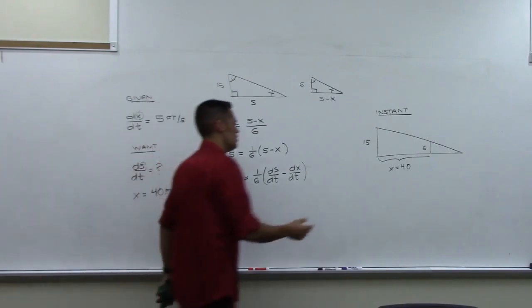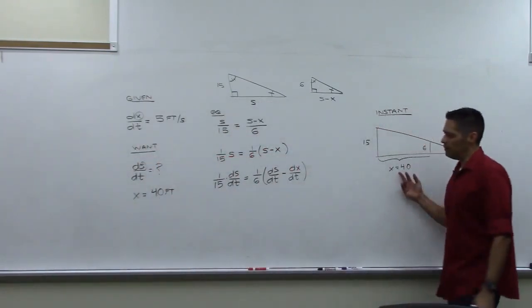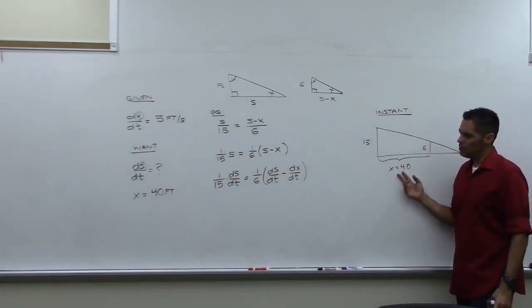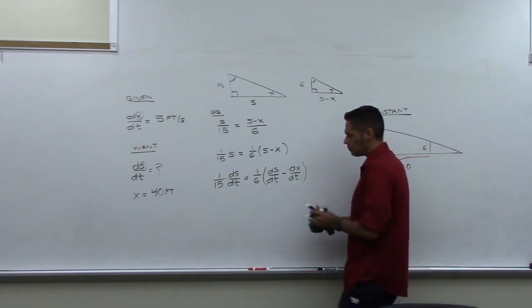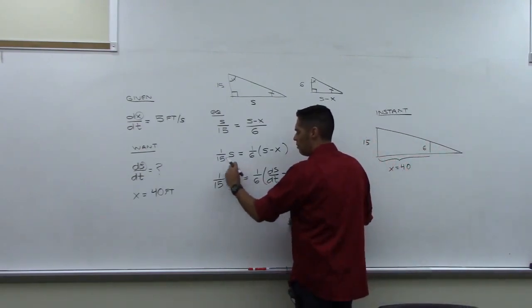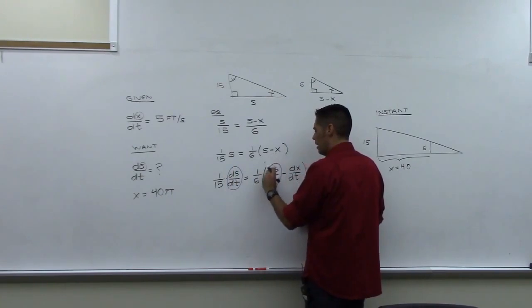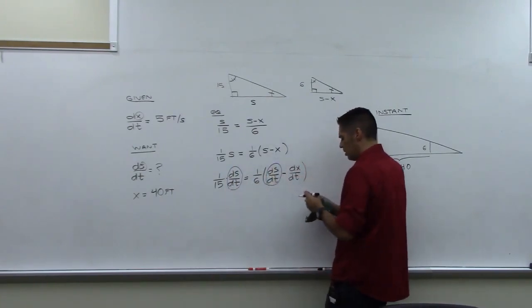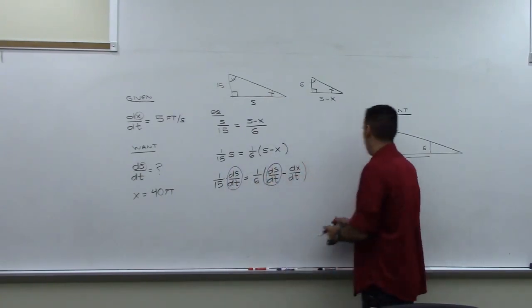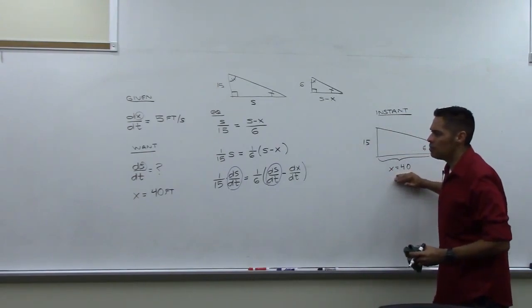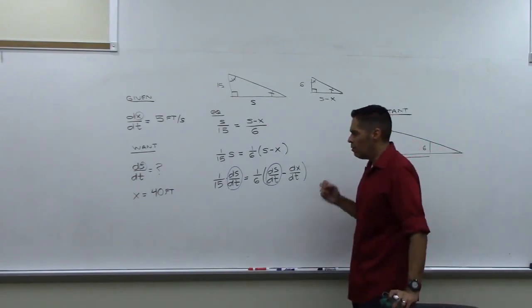I actually don't even need this 40 feet. In order to determine how fast the shadow moves with respect to time, it looks like in the equation it does not matter at all what x is, which means that shadow is always moving at the same speed all the time.